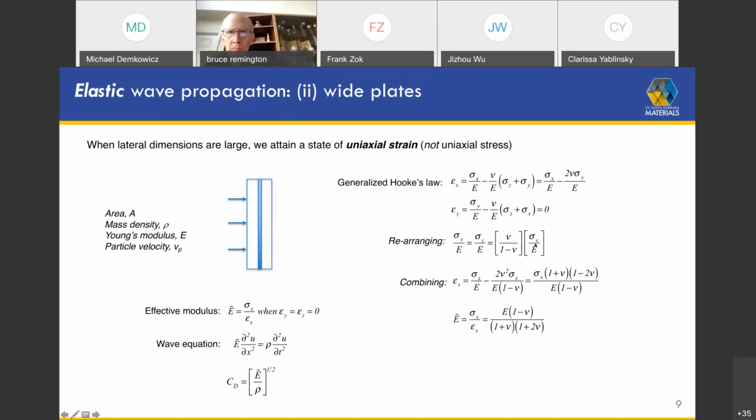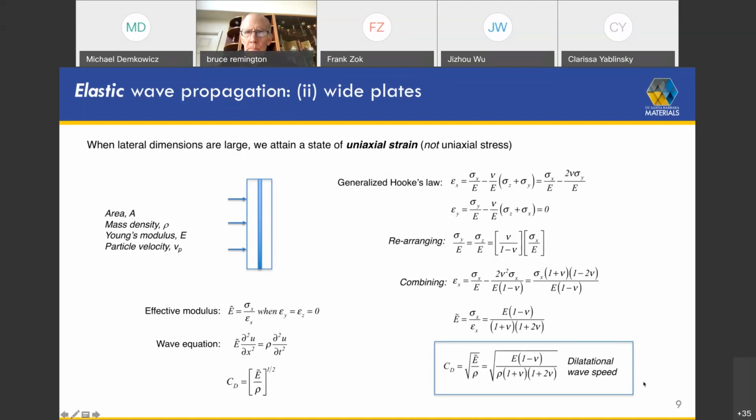Now, if we plug that in turn back into here and rearrange, we find that epsilon x is proportional to sigma x through this whole grouping. And from that grouping, if we take the ratio of sigma x to epsilon x, that gives us E tilde. And E tilde then is just the Young's modulus times this function of Poisson's ratio.